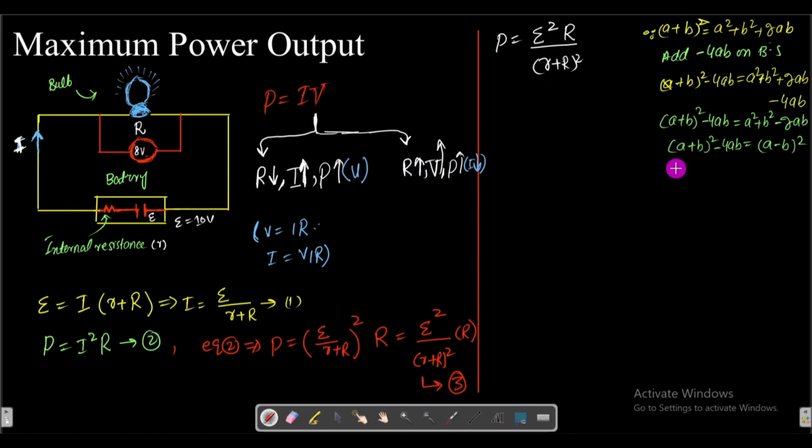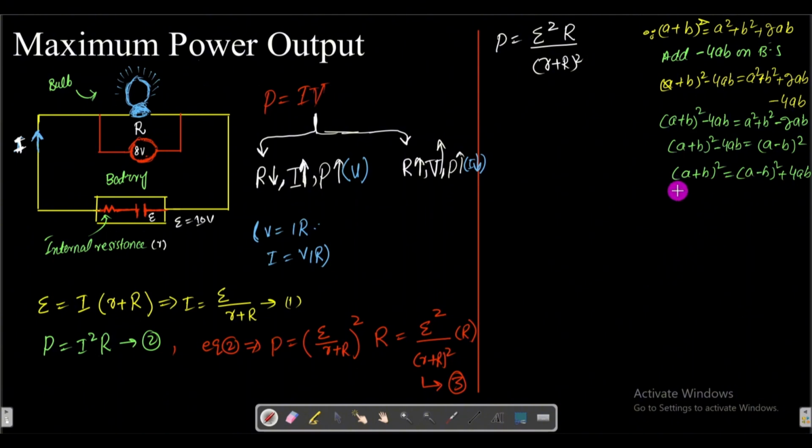So (A + B)² is equal to (A - B)², and this becomes +4AB.